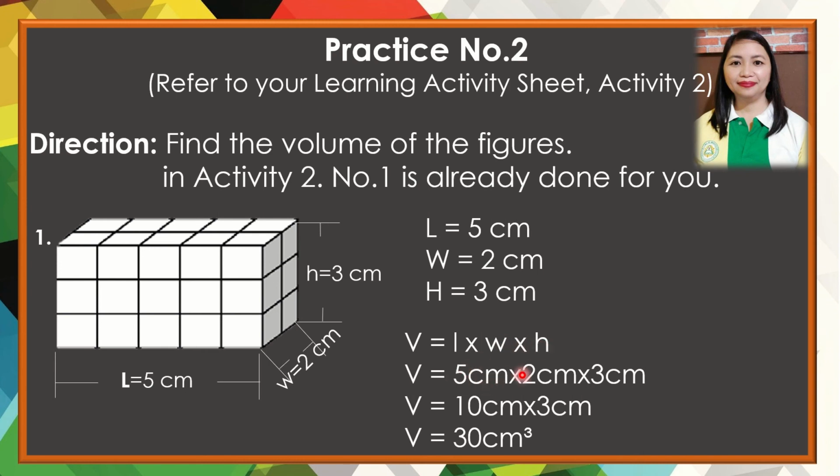Then, 5 centimeters times 2 centimeters times 3 centimeters equals 5 times 2 is 10 centimeters times 3 centimeters. 10 times 3 is 30 cubic centimeters. Why the exponent 3? Whenever you find volume, the answer always has an exponent 3, meaning that it is cubic units, because we are referring already to volume.